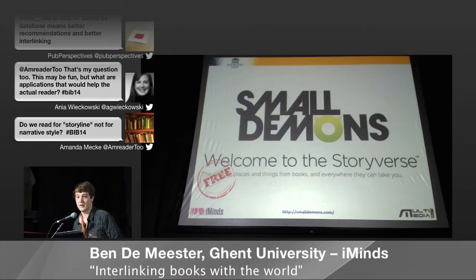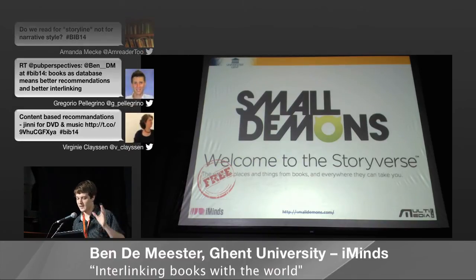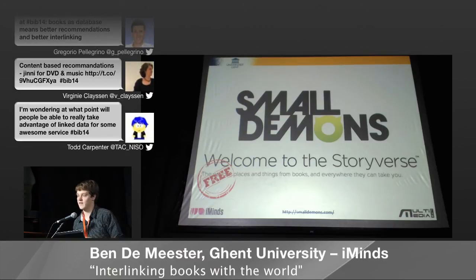There was a lot of effort in there to create the index, but that's just the point. You don't need to create that index manually because the information is inside the book. You can use that information if you have some kind of an endpoint where you can get that information out of there. So you get Small Demons for free if you have that endpoint.